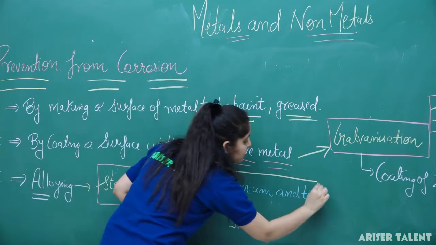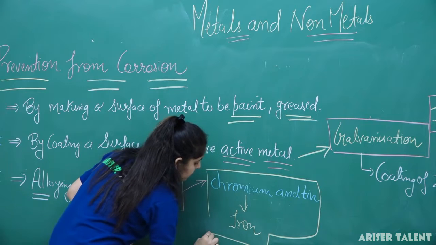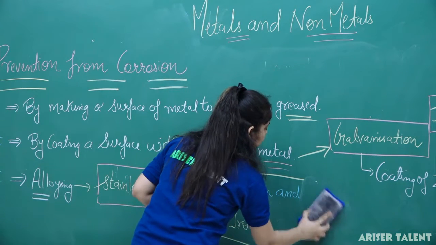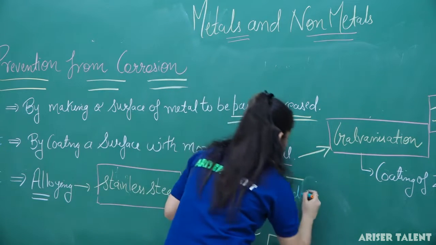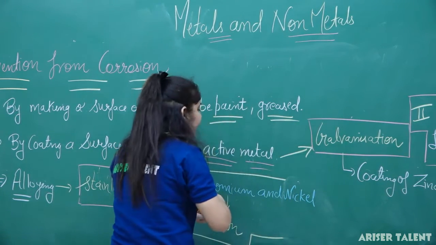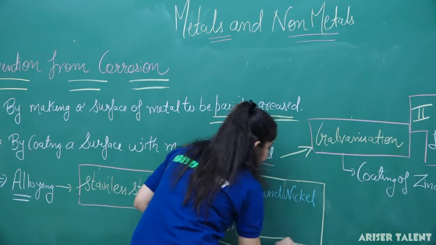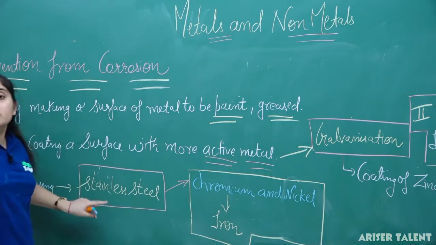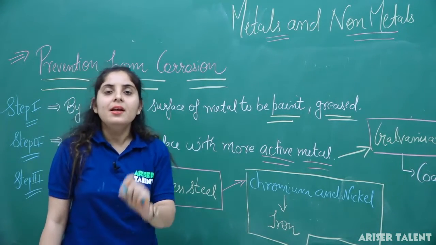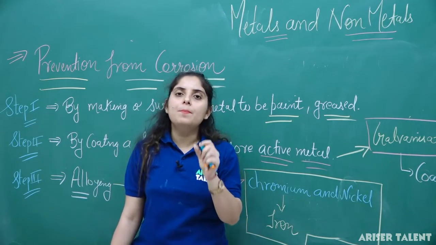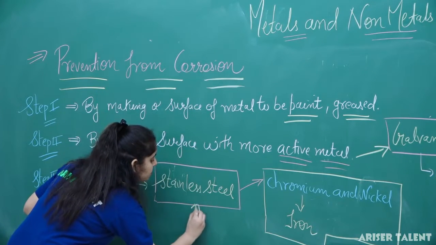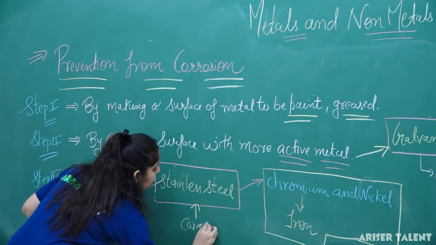So an alloy is formed, that is usually of chromium and nickel. Chromium and nickel are basically used with the iron to form stainless steel. So stainless steel is a basic alloy of iron, chromium and nickel, and this compound is basically corrosion resistant.